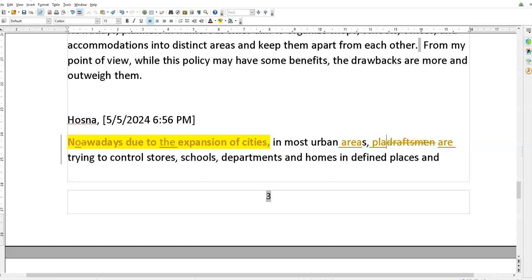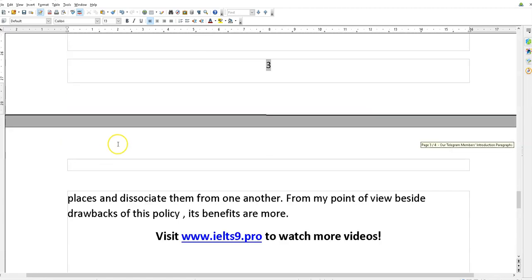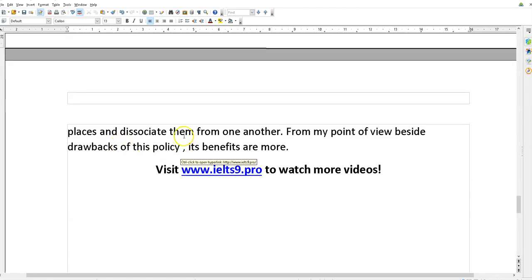I've got to rewrite all of this. Planners are trying to. Well, it's not. Usually, place or build stores with department stores and homes in defined places and disassociate them.